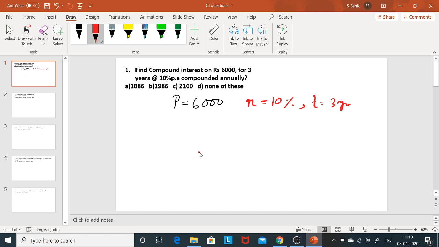You have been asked to calculate compound interest, that is CI. All of you know the basic formula of compound interest: amount is equal to principal into 1 plus r by 100 to the power t. If you put the value of principal, rate and time in this formula, you will get the amount, and then amount minus principal will be your CI.